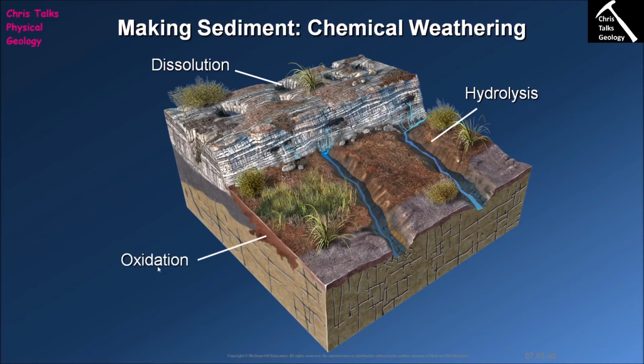Then we have the process of oxidation. Now this primarily occurs with minerals which actively react with the oxygen in the atmosphere, and the primary group would be iron minerals, especially iron oxide minerals. So these minerals will come into contact with the oxygen in the atmosphere, there will be a chemical reaction, and it will end up forming, for want of a better way of describing it, rust as part of the process.